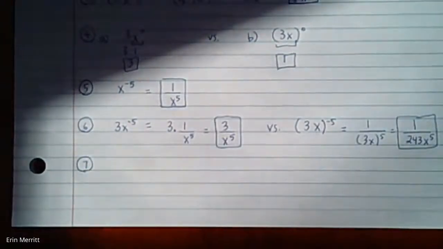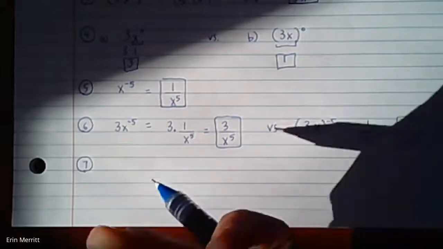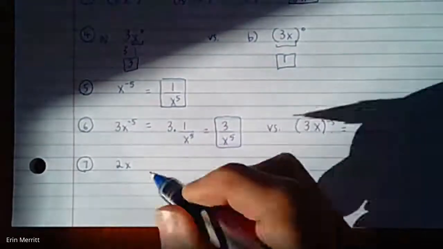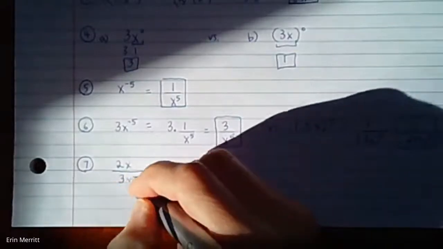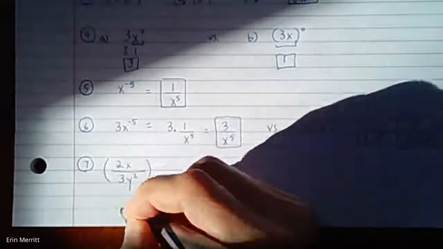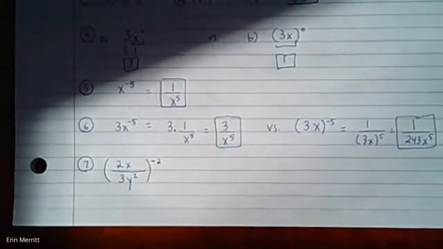Next one here, if I then give you a fraction. So we're going to make this one kind of the most complicated one we've seen yet. So if we turn this into 2x over 3y squared, raise that whole thing to the negative 2nd power.